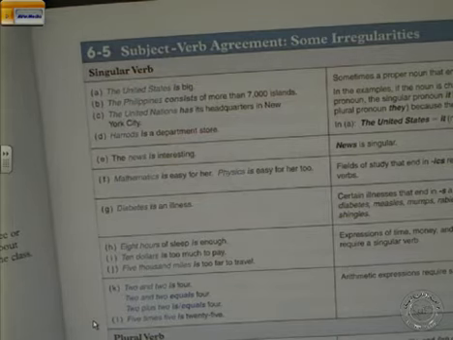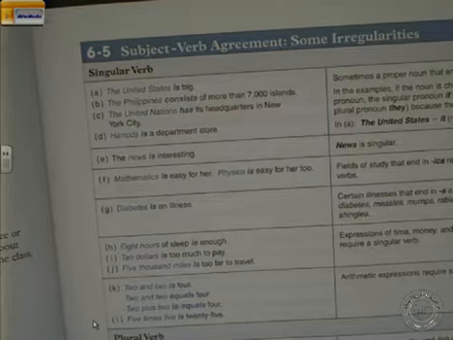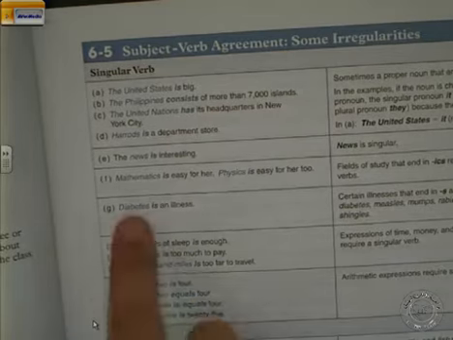The news is interesting. Again, the news is interesting. Mathematics as a subject field, linguistics, statistics, physics is easy for her. Diabetes is an illness.